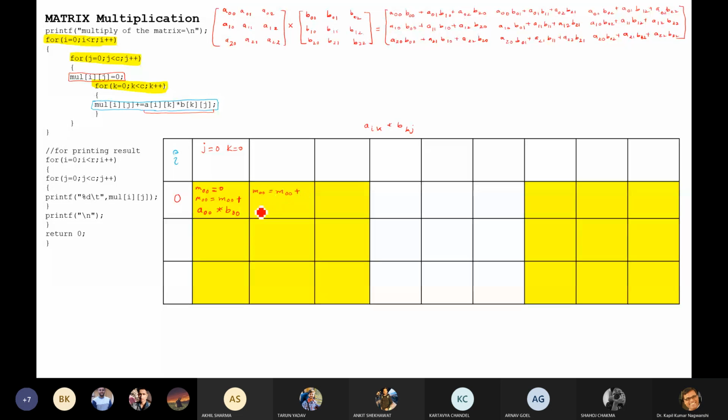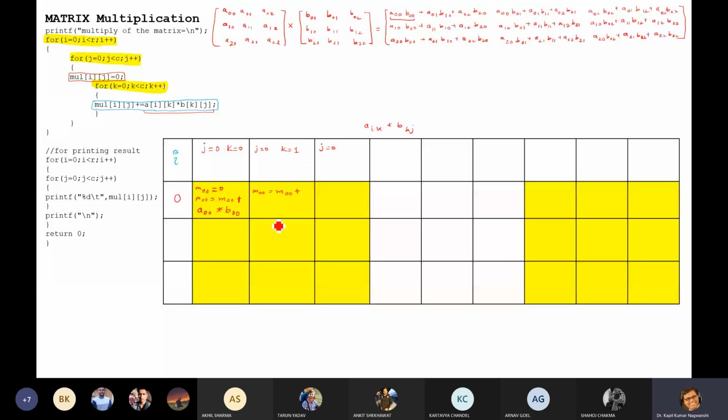So our first term is calculated like this, A00 B00. Now this whole term is added together, and the new m00 will be coming. The value of j is still 0 for this, but the value of k is incremented by 1 here.